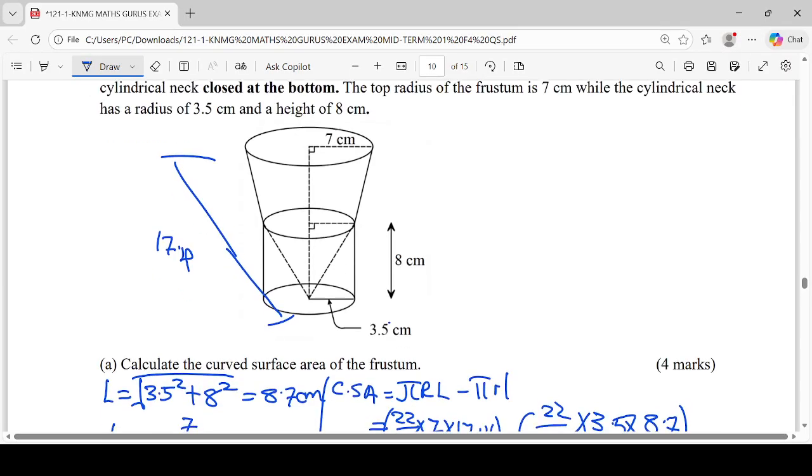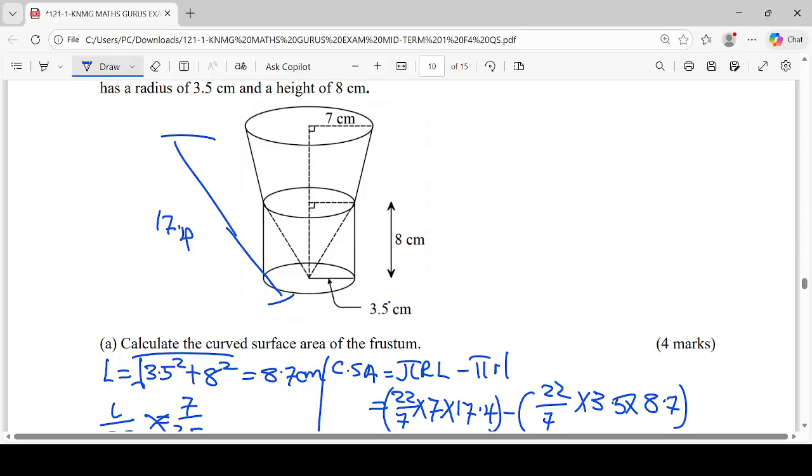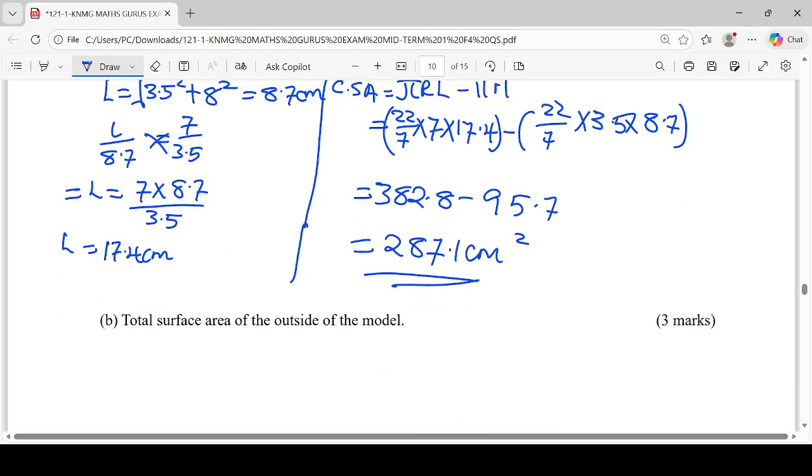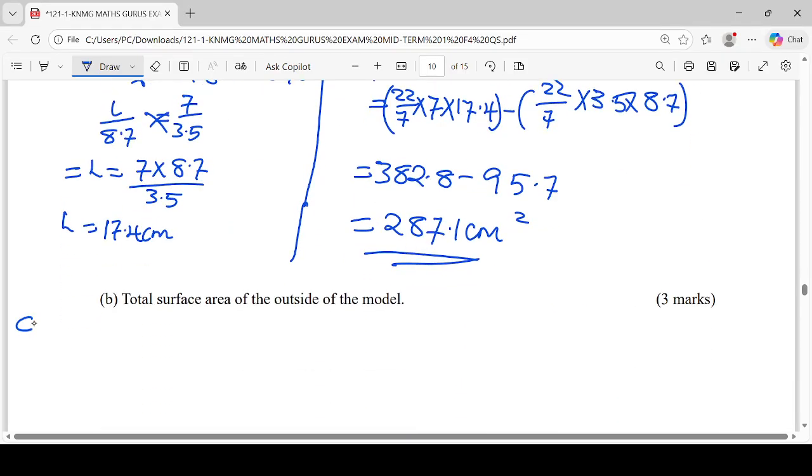First, I want to get the curved surface area of the cylinder, which is normally given by pi dh.